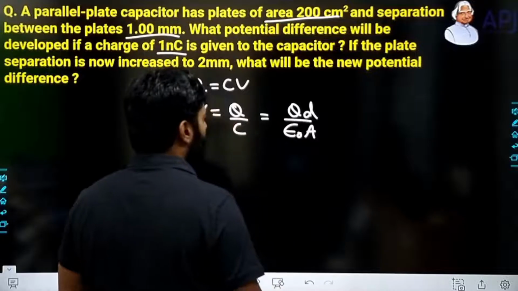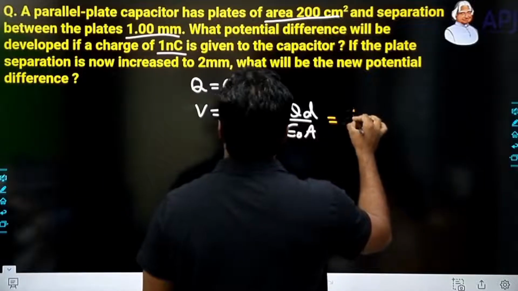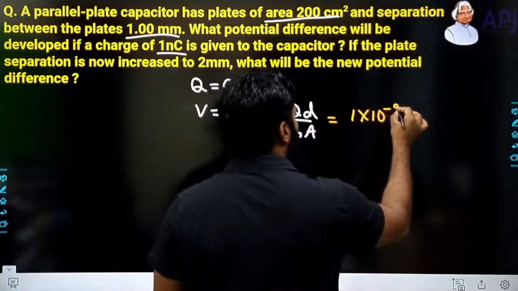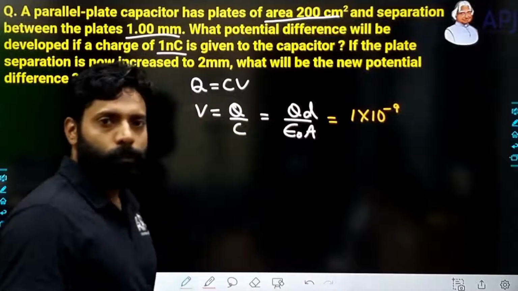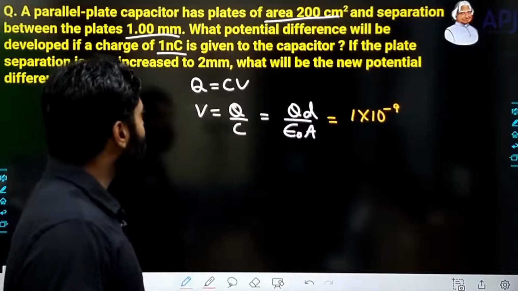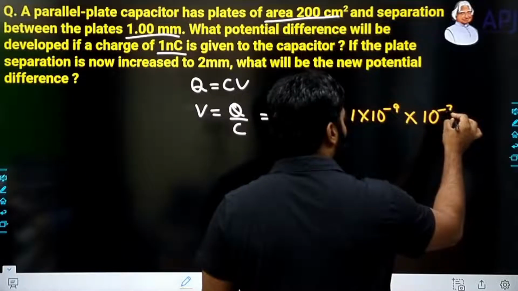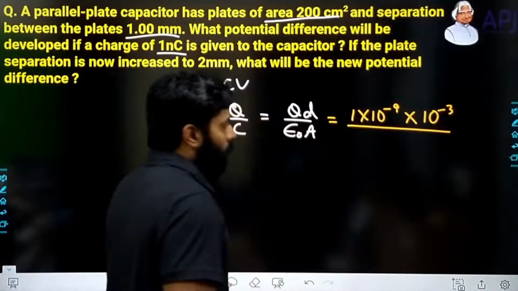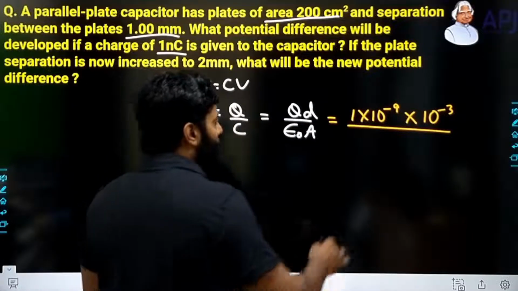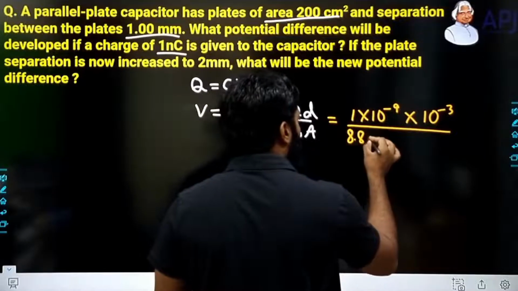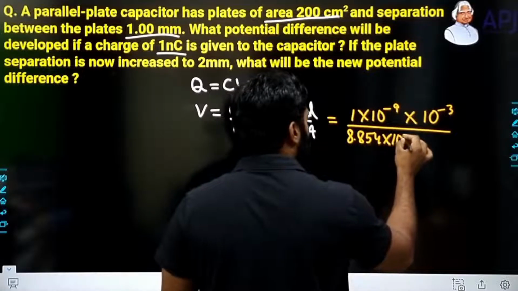Now, every value is given to me. 1 nanocoulomb, I can keep this as 1 into 10 to the power of minus 9 coulomb. The distance is 1 millimeter, I can say that this is 10 to the power of minus 3. Epsilon is 8.854 into 10 to the power of minus 12.